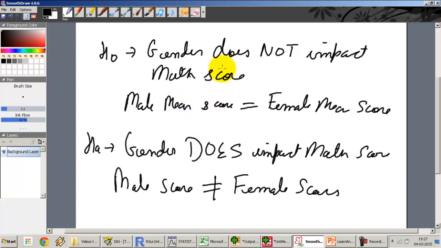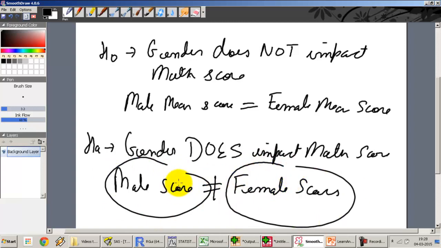If in fact gender does not impact, that means these two samples are coming from the same underlying population. There is no difference. But if gender does impact, that means the male scores are coming from a different sample as compared to female scores, i.e. they are performing differently on the underlying performance in the subject.